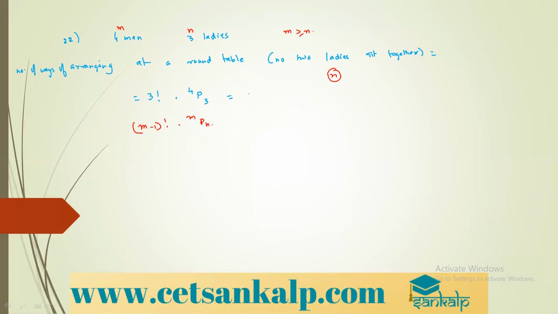That means 3 factorial is 6. 4P3 is nothing but 4 factorial, which is 24. So 6 into 24, 144 ways are there to arrange as we want around a round table.